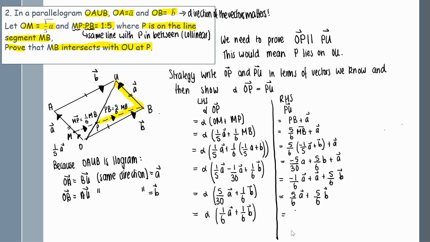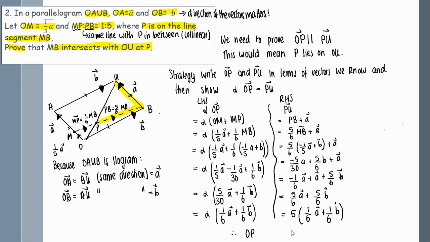That is vector PU. And we can see that actually, if we times OP by 5, we will get vector PU. Therefore, we can say that indeed PU is a scalar multiple of OP, right? We would just times it by 5 to get PU.